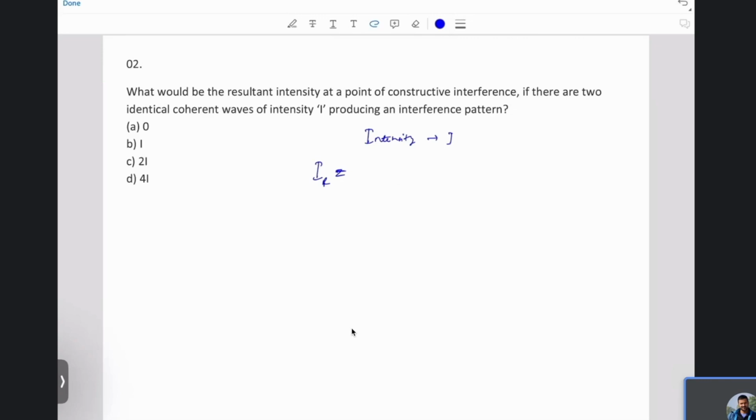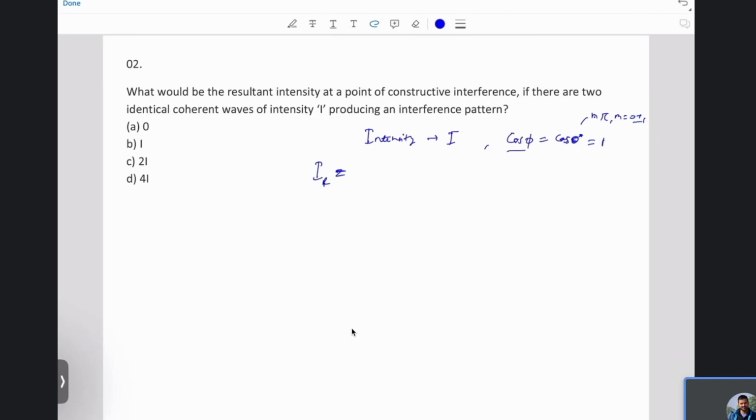Now for constructive interference, we can assume the phase difference should be 0, that is cos phi is cos 0, or it can be m pi in general, where m is an integer. So the value of cos phi is just 1.